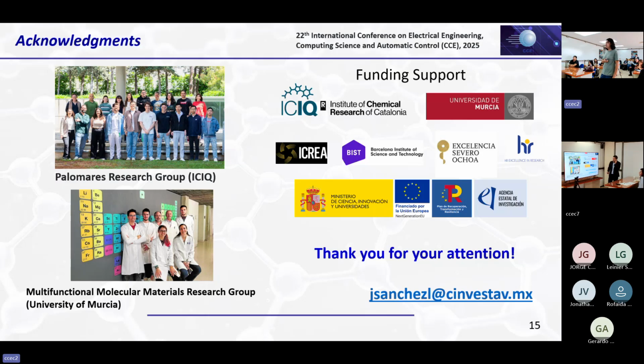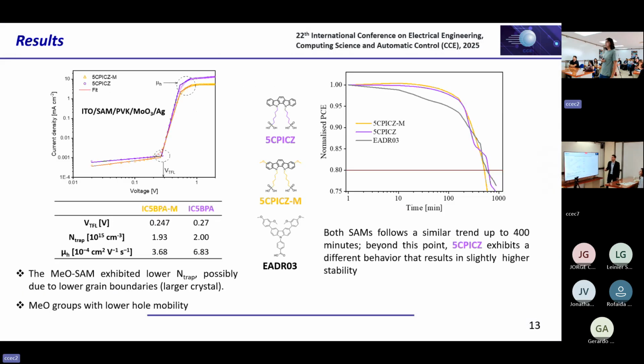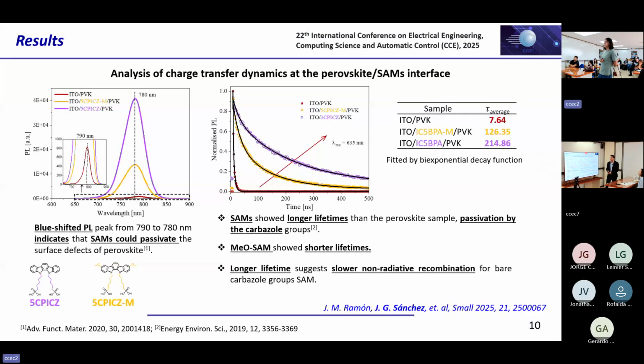Typically you use a glass, and then you first deposit only the perovskite because it's the reference, and then you deposit your electron or hole transporting material. And then you measure directly with the photoluminescence.